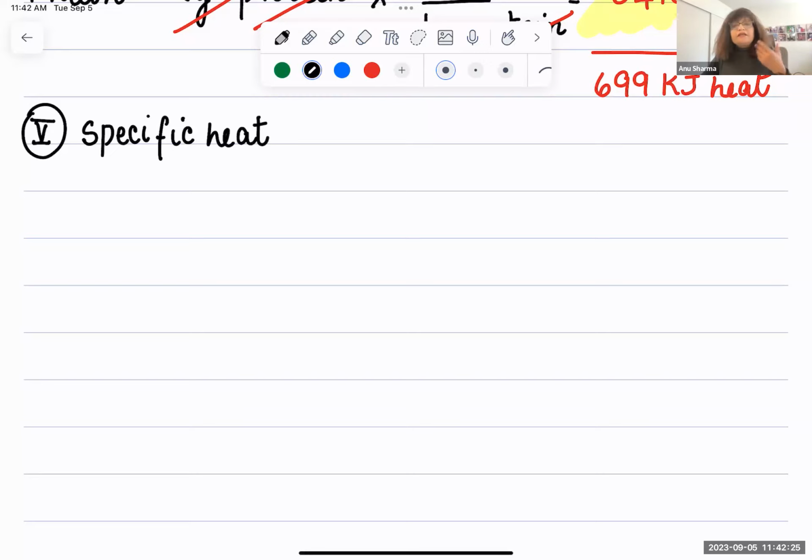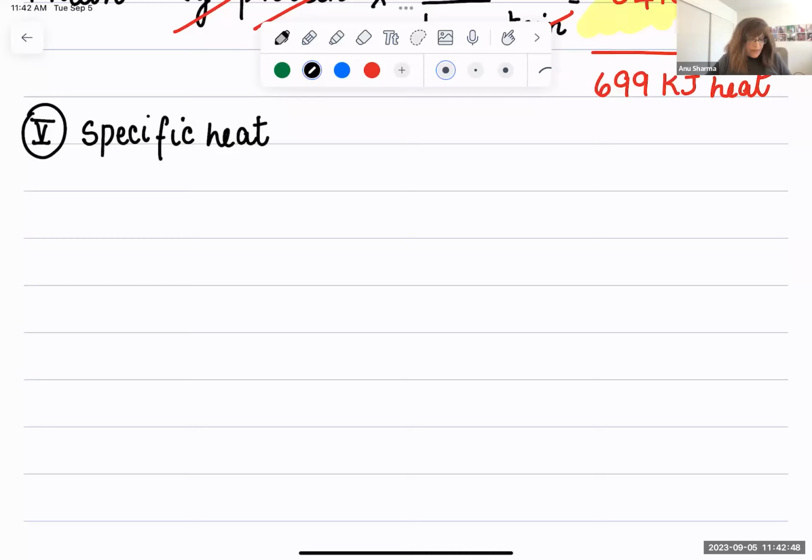And the amount of heat that is absorbed, the same amount of heat is released. Now, what is specific heat? Specific heat is defined as the amount of heat needed to raise the temperature of exactly 1 gram of substance by 1 degree Celsius.